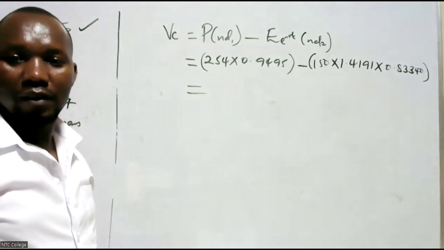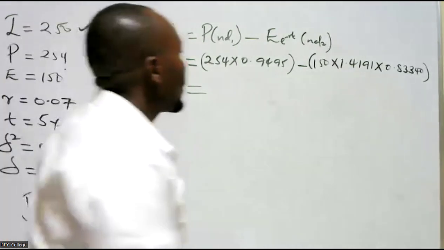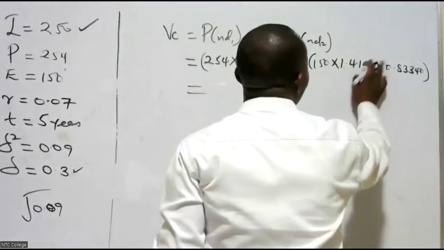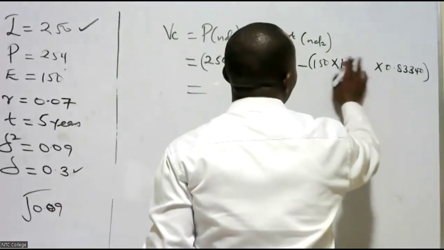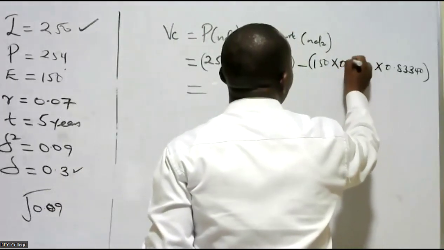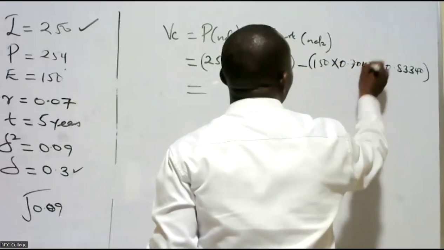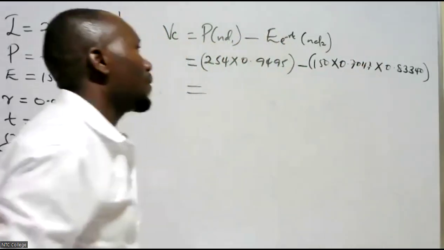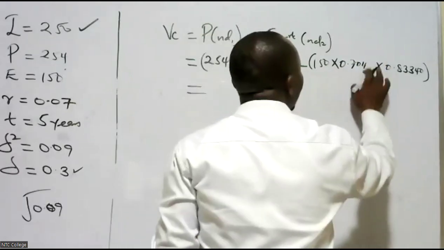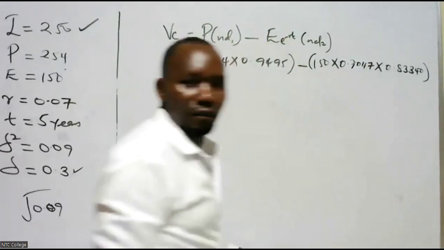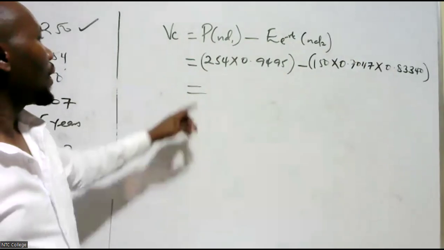Should be 0.7047. So here we have 0.7047. Okay. Calculate now. Now calculate it again.